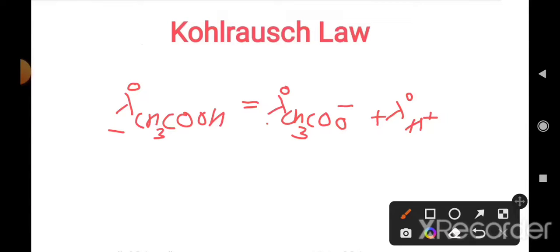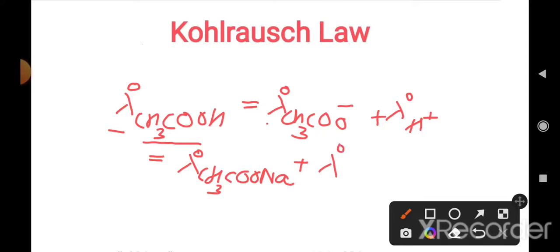So indirectly we can find it through strong electrolytes. We take a strong electrolyte having the acetate ion, that is lambda m naught for CH3COONa, the sodium salt of the acetate ion, plus lambda m naught value for HCl, because we need H plus, and for that we take HCl.